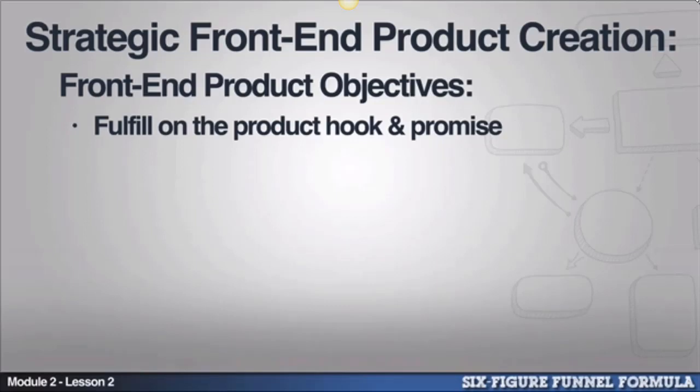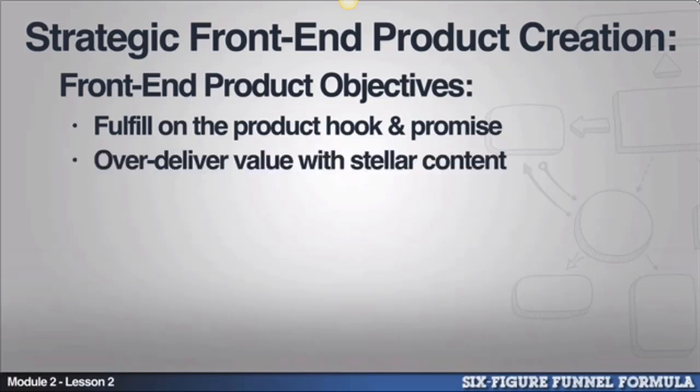If you're developing an information product, if it is a content-driven product, well, of course, that content needs to fulfill on the hook that you presented in your marketing. And whatever it is that you are teaching, showing, sharing, whatever process, whatever method, whatever system, it needs to be designed, of course, to fulfill on the promise that you made for that particular product.